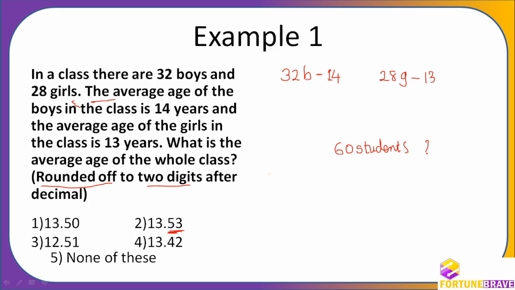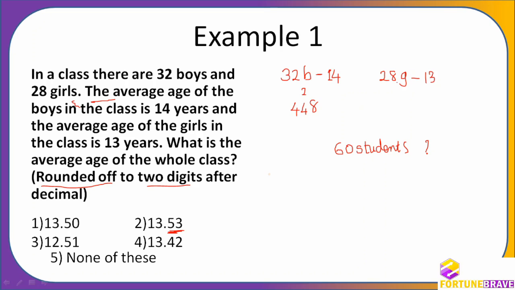What I'll do is 32 into 14. You should be able to multiply this. You need to know the multiplication table up to 30 at any cost. So 14 twos are 28, 14 threes are how much? 42. So it will be 448. Am I right? Okay.